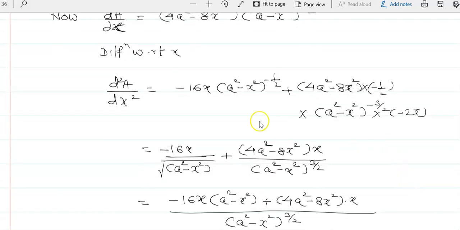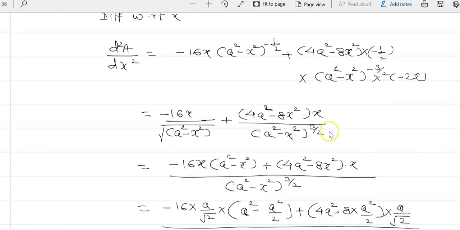Now again here is a simplification. That is −16x, and here the power is −1. We can take it to the denominator, it becomes positive. It is written as −16x/√(a² − x²) plus (4a² − 8x²)·x/(a² − x²)^(3/2). This index will become positive.